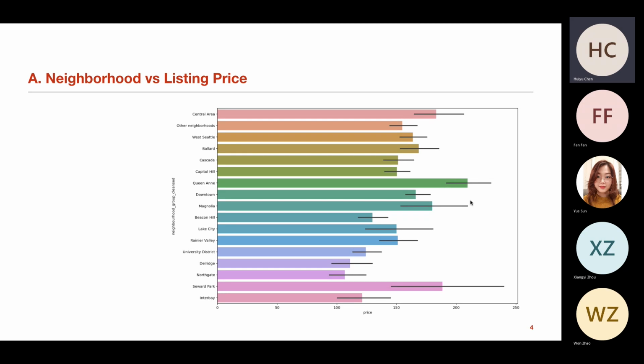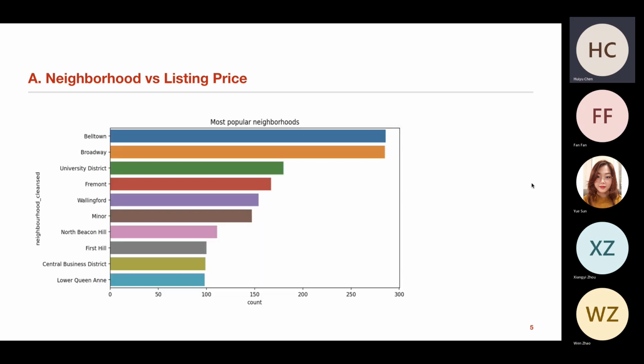Specifically, the concept of neighborhood is divided into 2 parts, which are neighborhood and neighborhood group. There are 90 sub-neighborhoods spreading over Seattle that are combined into 17 neighborhood groups.